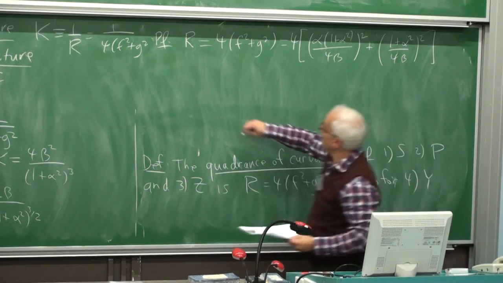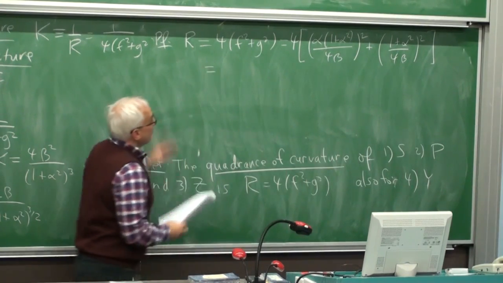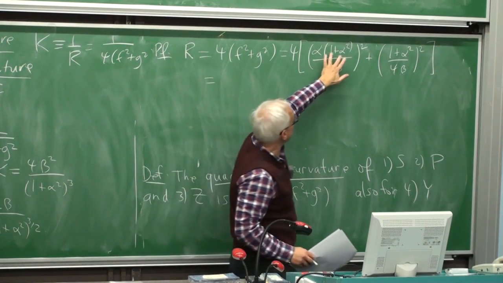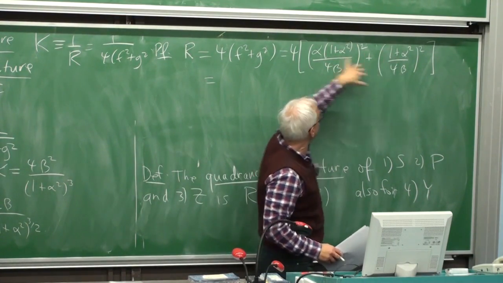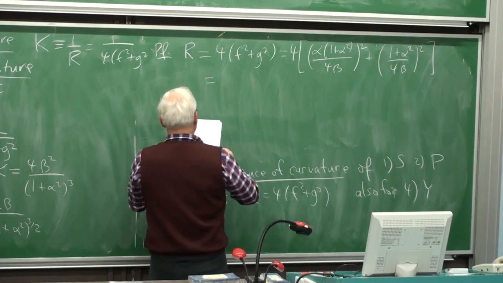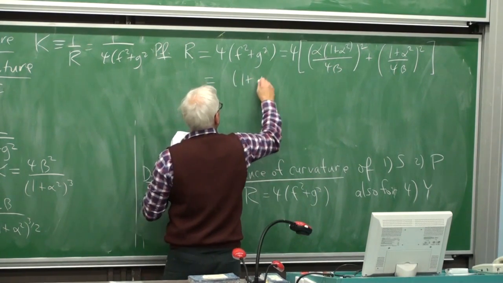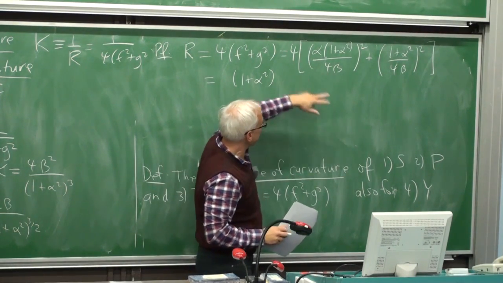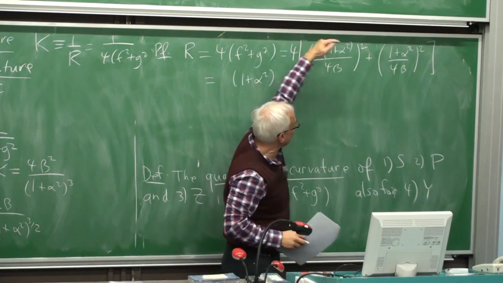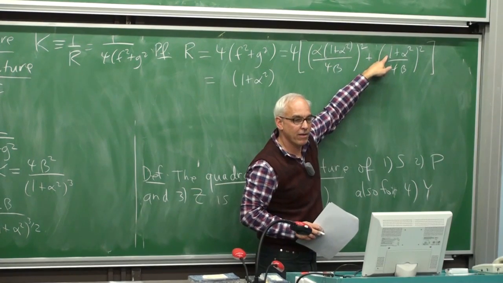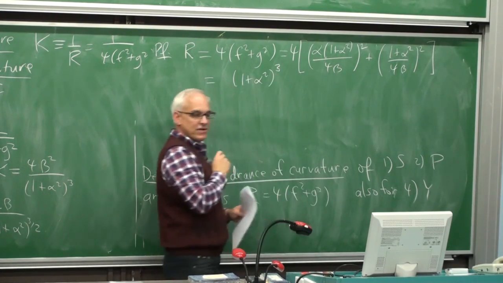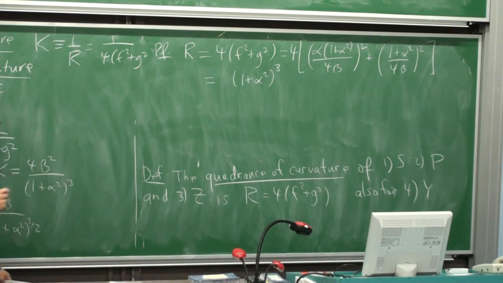And what happens when we do that? Well, there's going to be a 1 plus alpha squared coming out of both sides. So there will be a 1 plus alpha squared coming out. But there will also be a 4 beta squared coming out. And then there will be an alpha squared plus a 1. That alpha squared plus 1 will combine with the other 2 to give us 3 of those 1 plus alpha squareds.